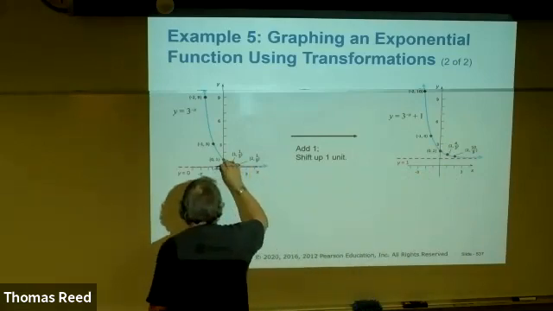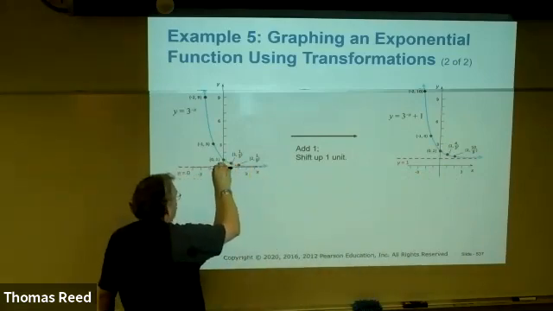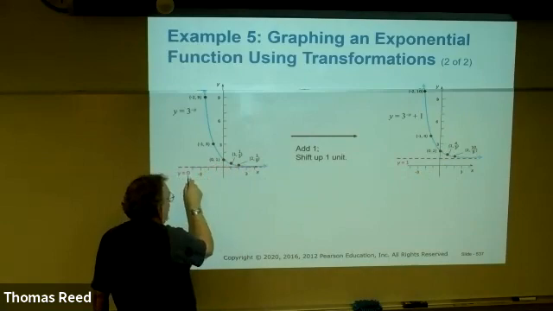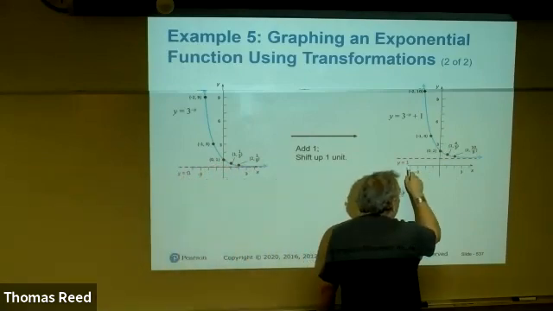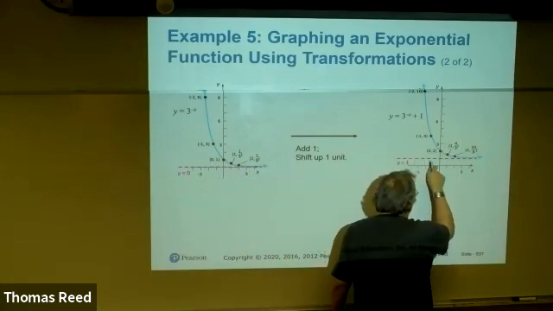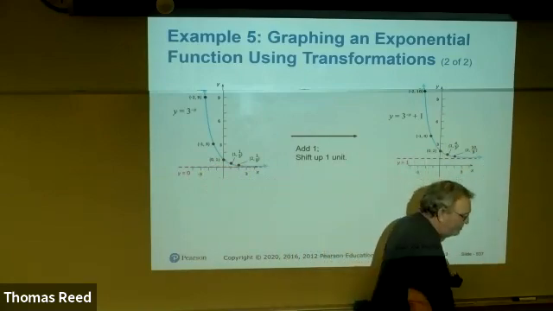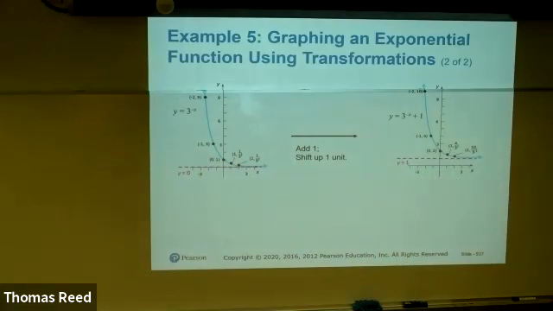Adding 1 to the y also shifts the horizontal asymptote. So adding 1 to y = 0 gives you y = 1, and so there's my new horizontal asymptote. Your asymptote changes right along with the rest of the function.